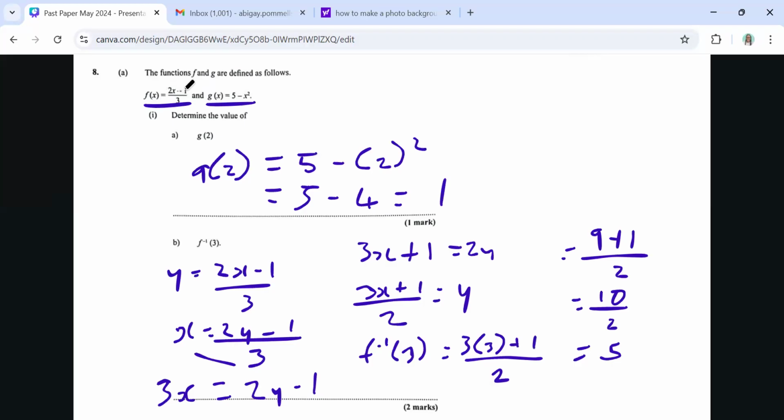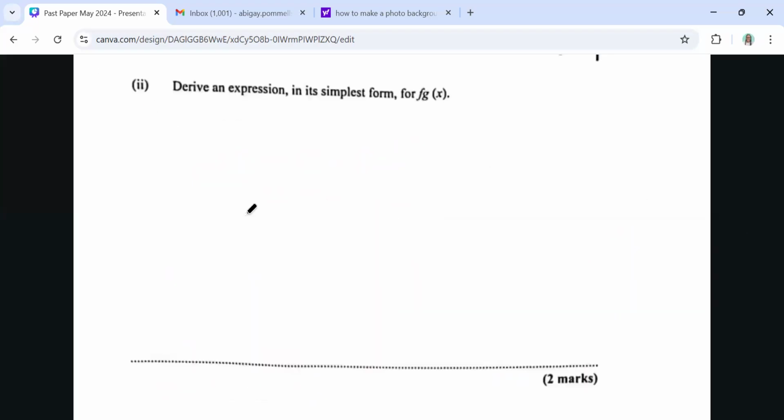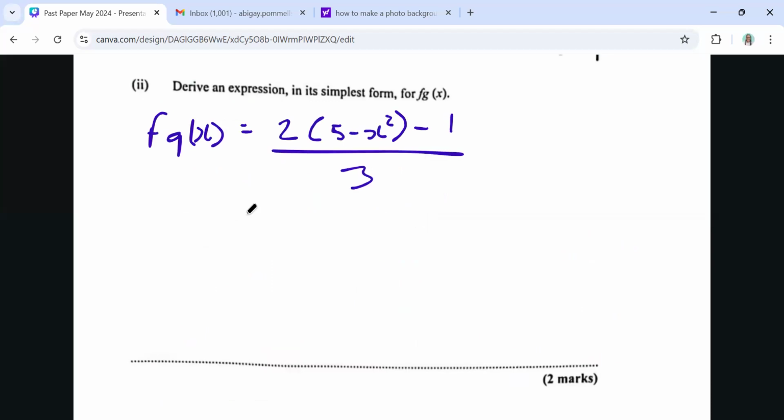So that is 2x minus 1 over 3. And g is 5 minus x squared. All right. So let me write that down. So f of g of x equals 2, and wherever x is, I put g, minus 1 over 3.